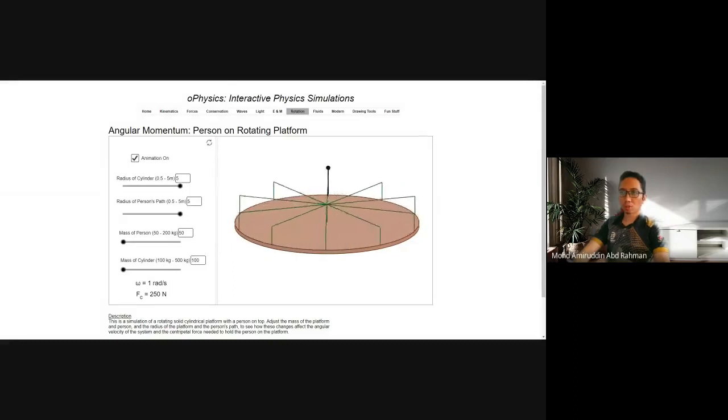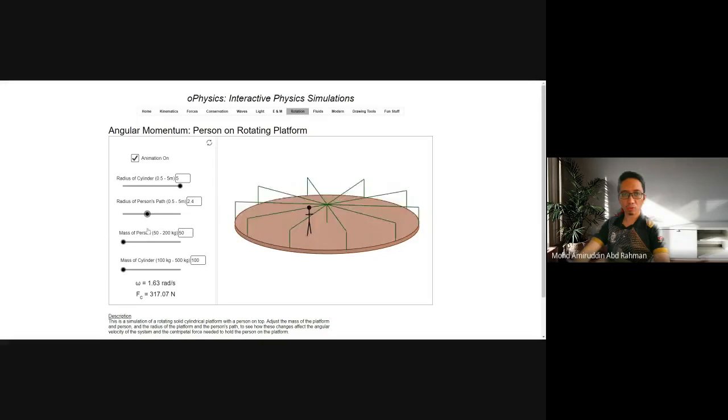What you need to do is just follow the instructions. You keep the radius of the cylinder at 5 meters, and the radius of the person's path is 2.05. So the person is moved to the center or to the edge of the cylinder.